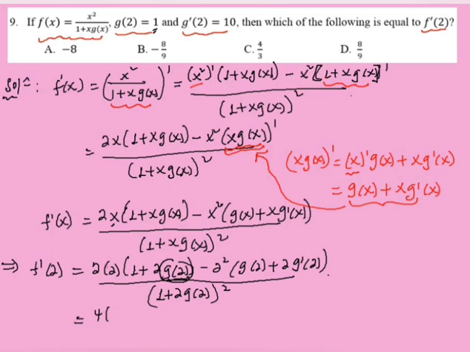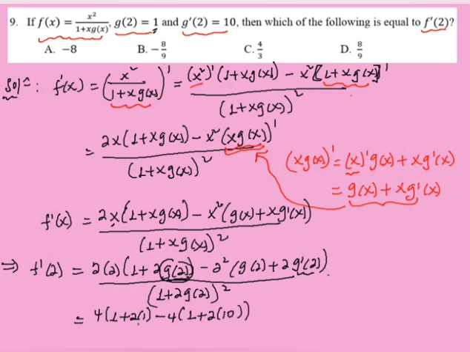So here I will substitute 1. So 1 plus 2 times 1, minus 2 square is 4, 4 into g of 2, which is 1, plus 2 times g derivative at 2, which is 10.